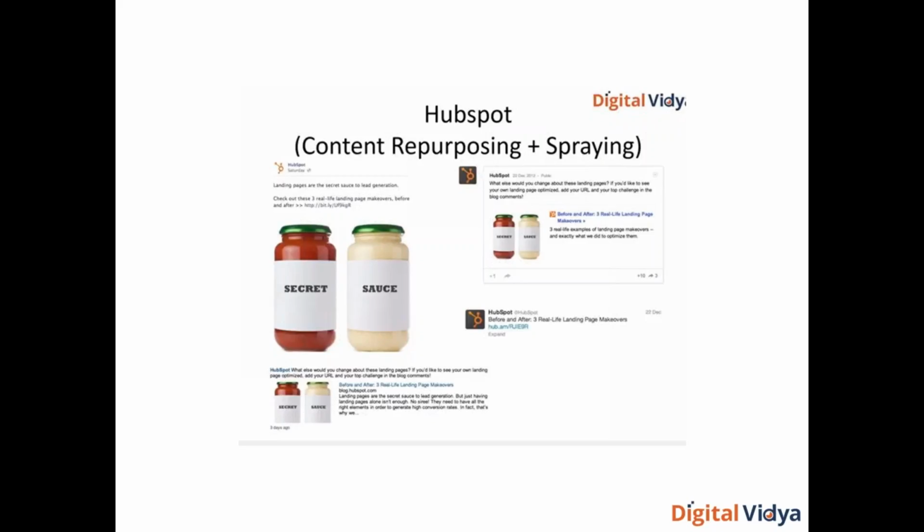Content repurposing and content spraying, people usually get confused in this. Guys, agreed? I'm using almost the same content on Facebook, my blog, Google Plus, Twitter. Almost the same. This is called content repurposing. And content spraying is nothing but I'm using everything possible to show my content. Right guys, any doubt on this content repurposing plus content spraying?